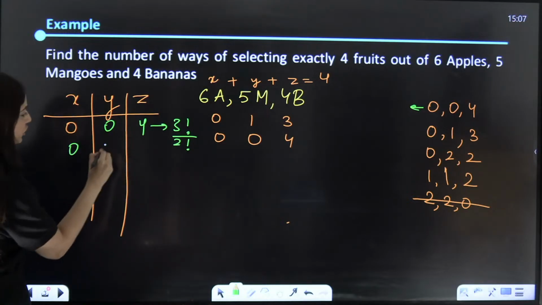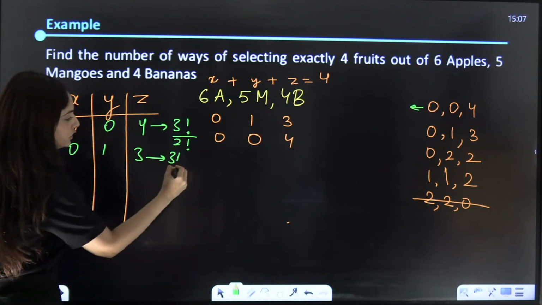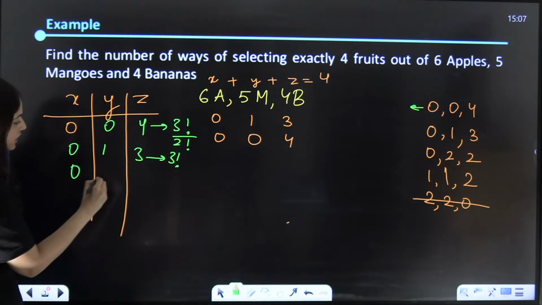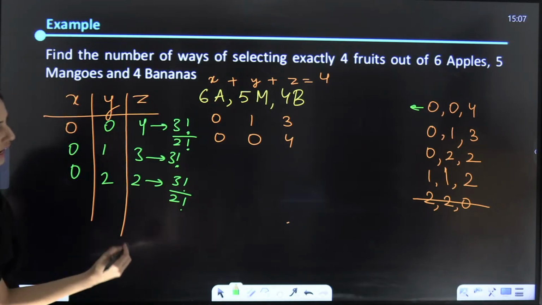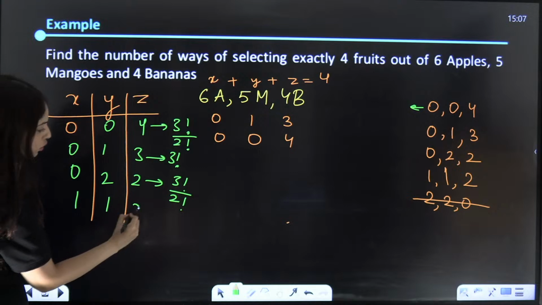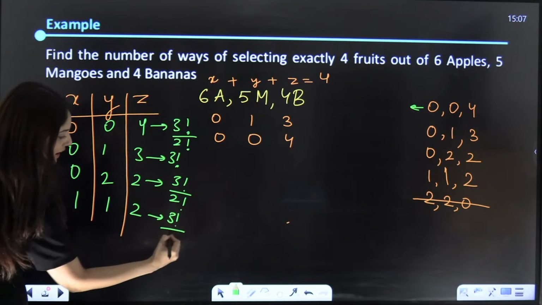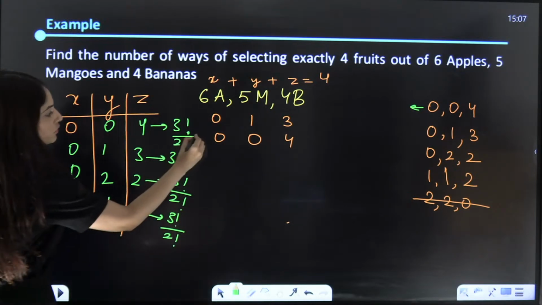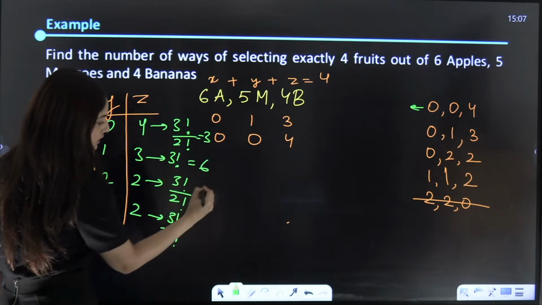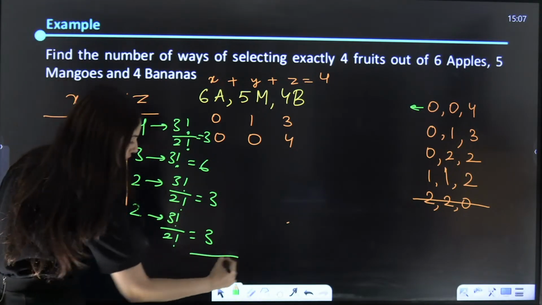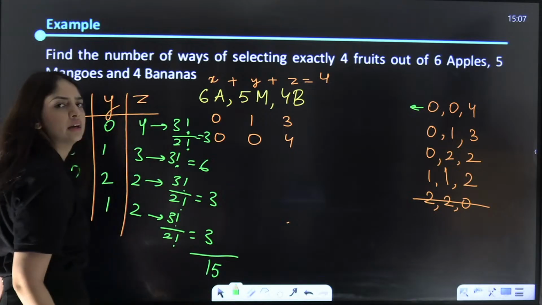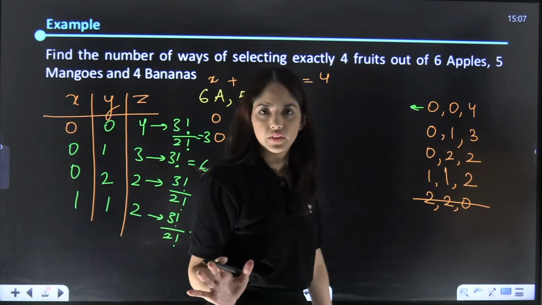Similarly 0, 1, 3, this will have 3 factorial. 0, 2, 2, again 3 factorial by 2 factorial, and 1, 1, 2, 3 factorial by 2 factorial. So we get 3, 6, 3 and 3. In total 15.